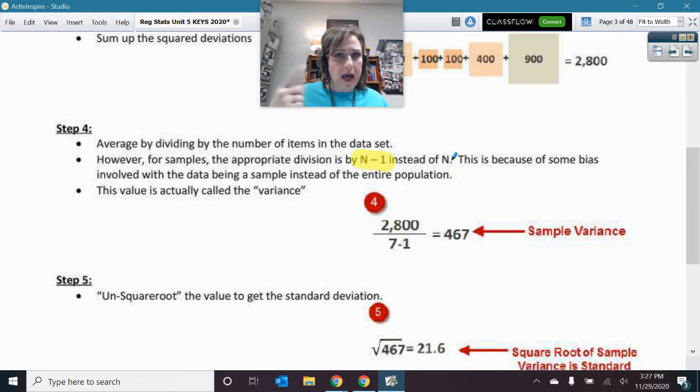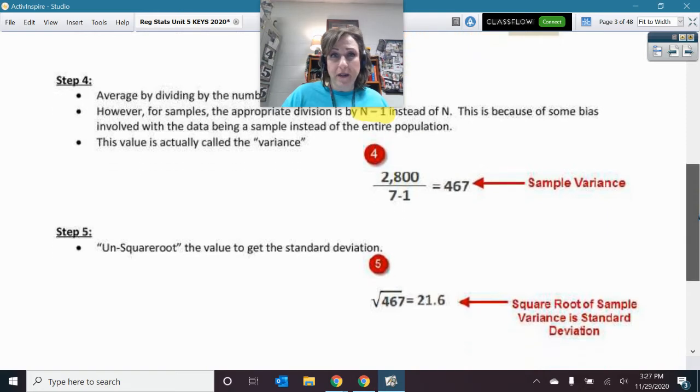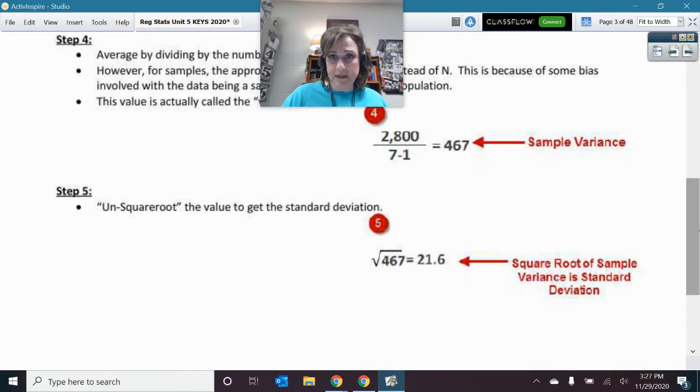There's a lot more involved with that, but I'll just leave it there. In this case, instead of dividing by 7 pieces of data, we're going to divide by 6. That makes this average distance from the mean a little bit bigger and on the safe side when we're estimating. So we have this 467.